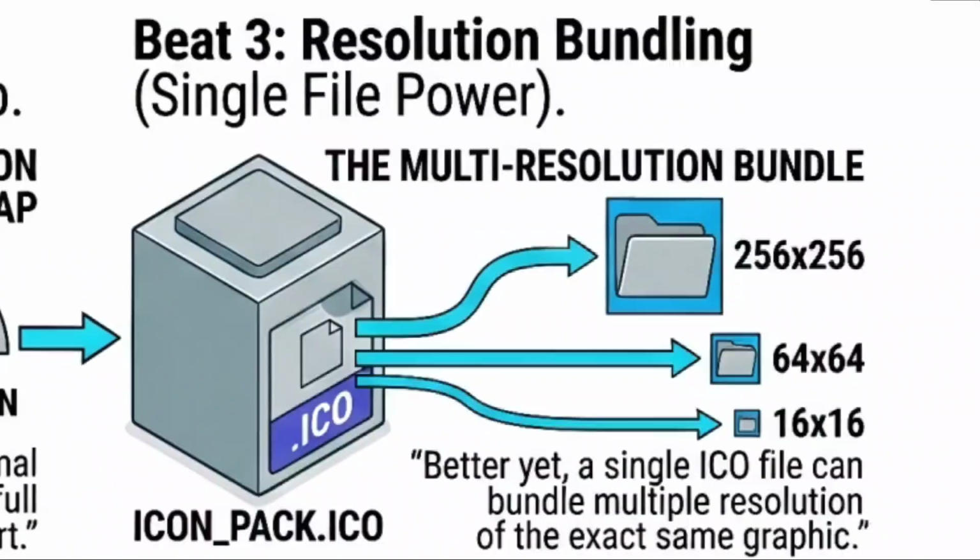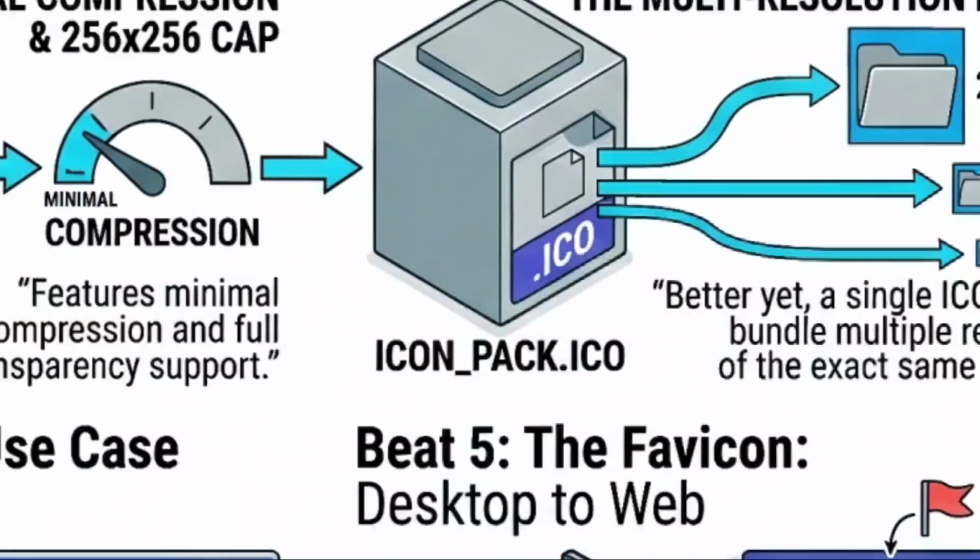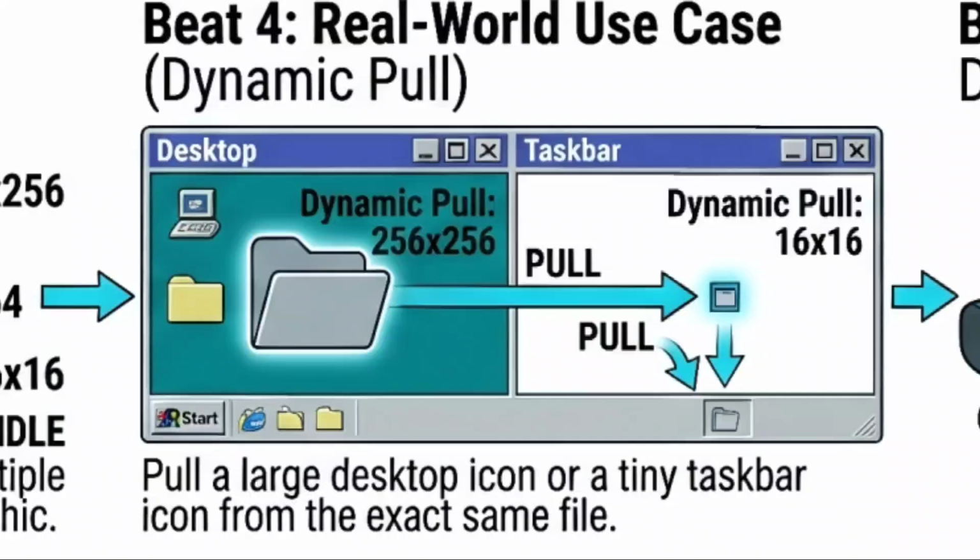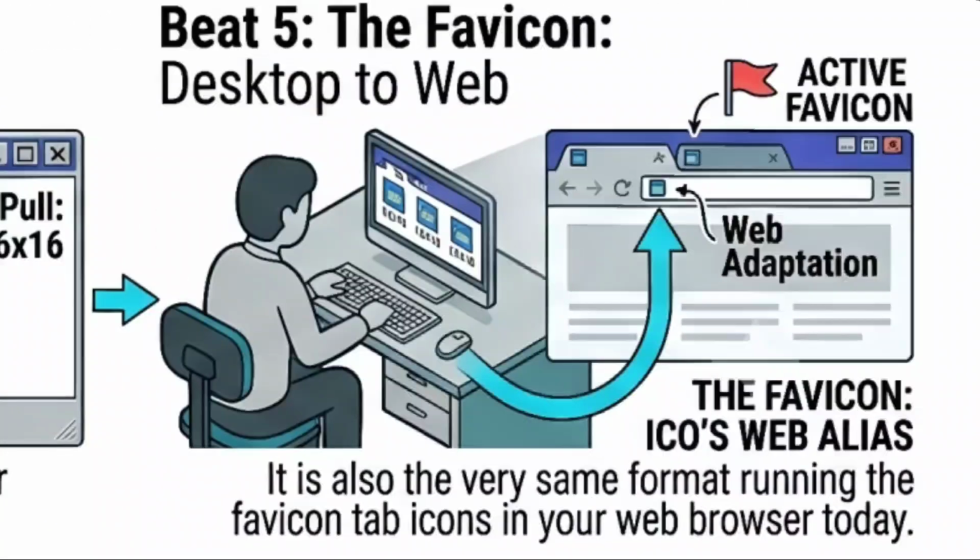Better yet, a single ICO file can bundle multiple resolution versions of the exact same graphic. This allows Windows to instantly pull a large desktop icon or a tiny taskbar icon from the exact same file. It is also the very same format running the favicon tab icons in your web browser today.